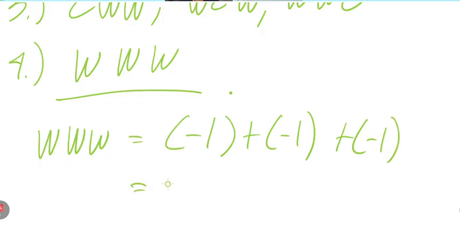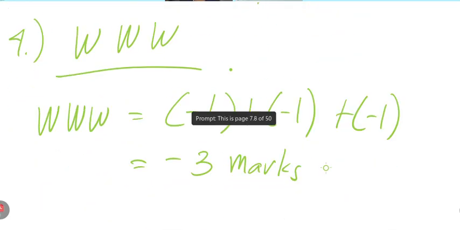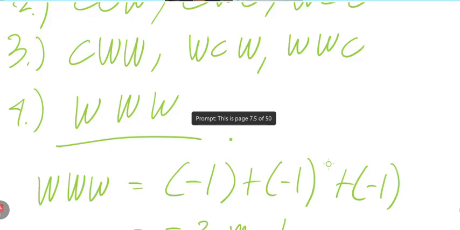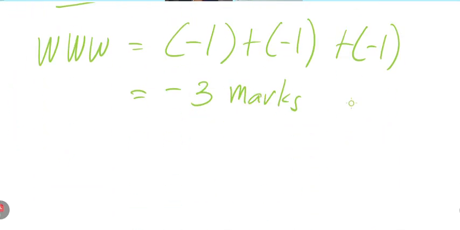This gives a total of -3 marks. There is only one such outcome in the table, so there is only one favorable outcome.